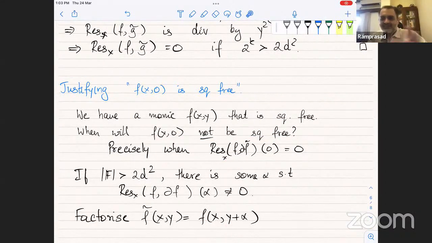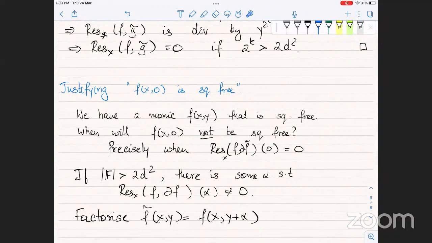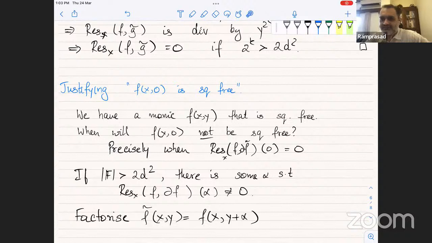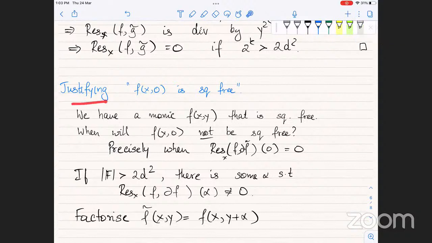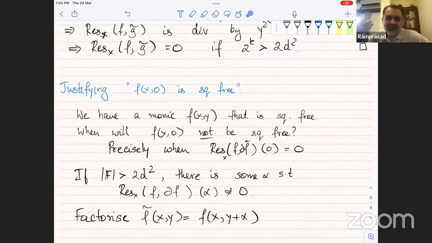It's one of these standard tricks followed to make sure that you can deal with the situation when the resultant does not vanish at 0. Obviously, if you know the factors of f tilde, you also know the factors of f, because I just undo the substitution of y to y plus alpha.